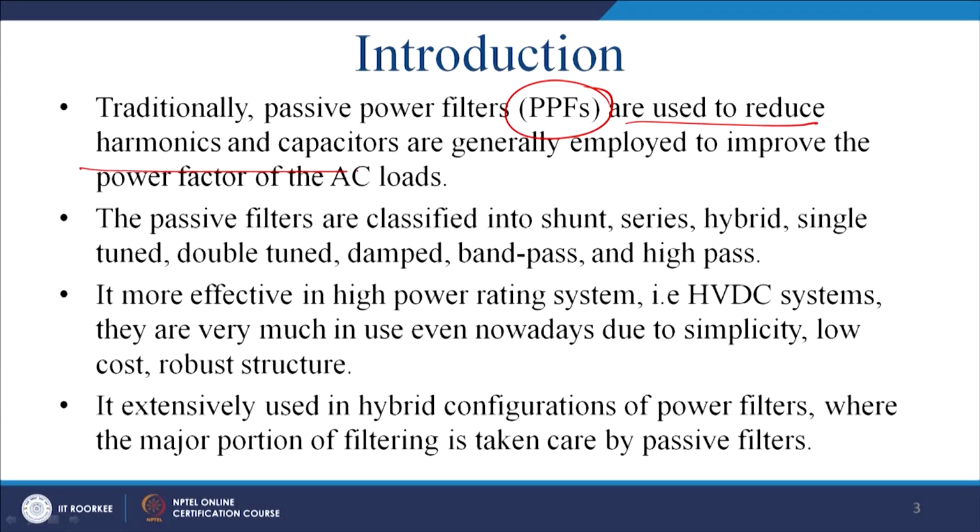So it will have a higher power rating; op amps are not used to reduce the harmonics. Capacitors are generally employed to improve the power factor of the AC loads, which we have been doing for the past 100 years, since AC supply gained predominance.